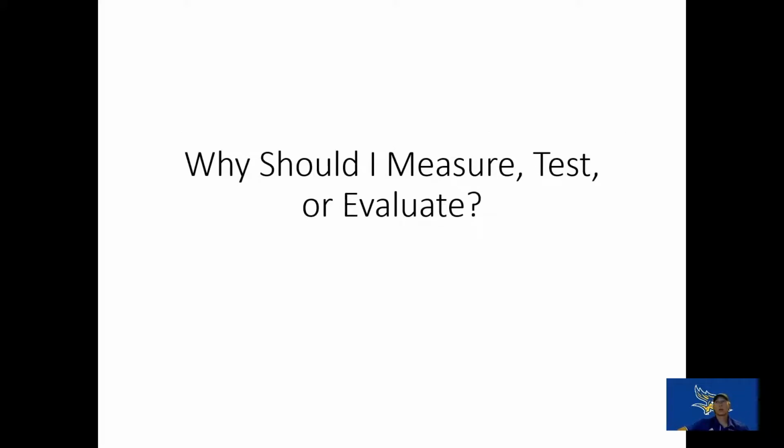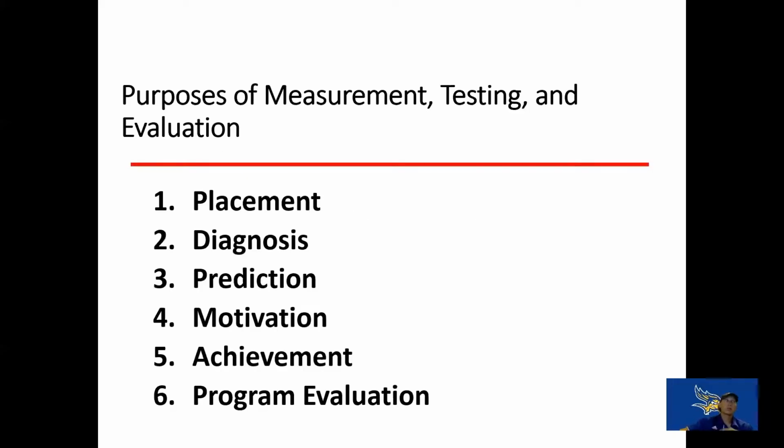Okay. So why should I do all of this in the first place? Why does any of this matter? The purpose of testing and measuring can be for different reasons. Maybe it's to place individuals in groups, like your different BMI groups. Maybe it's to diagnose an illness or an injury.